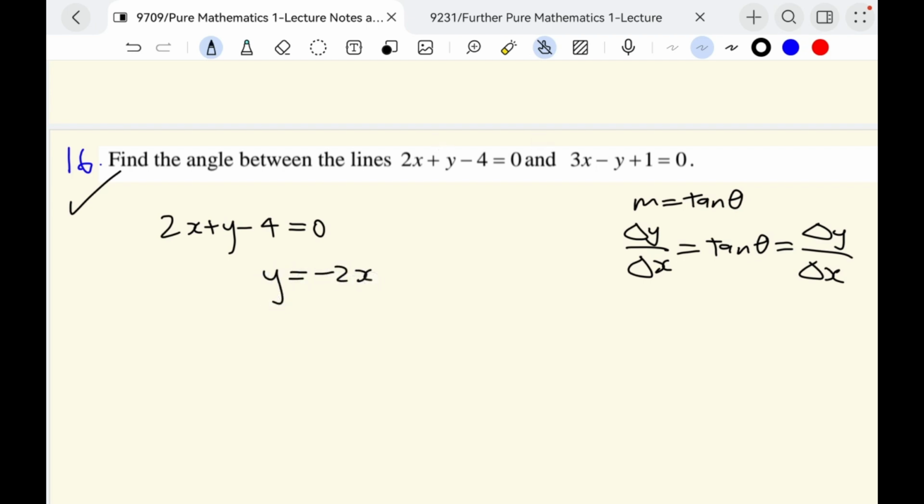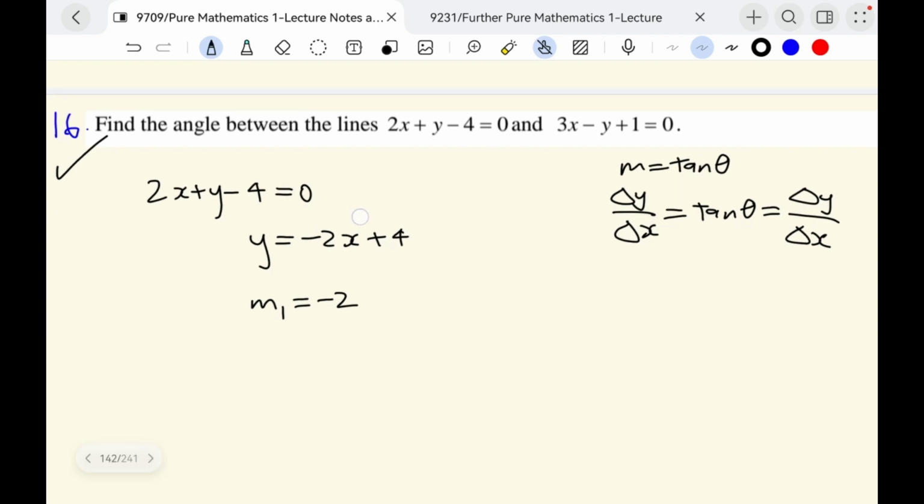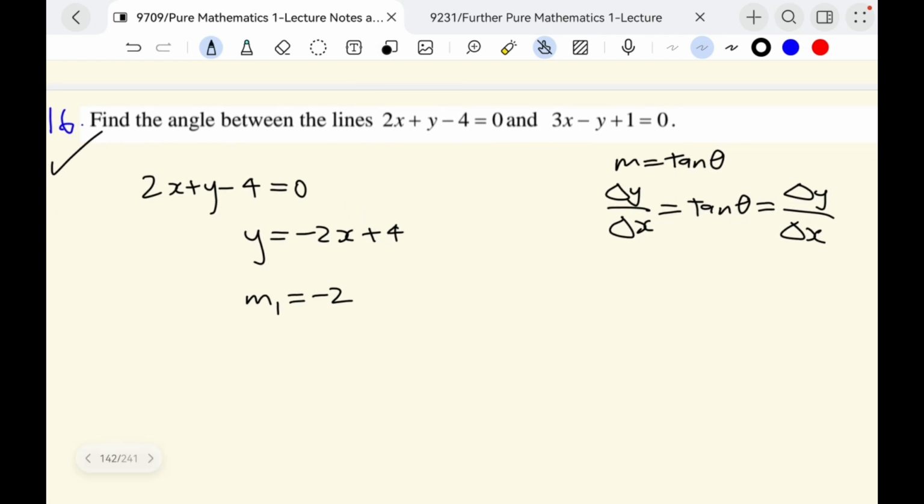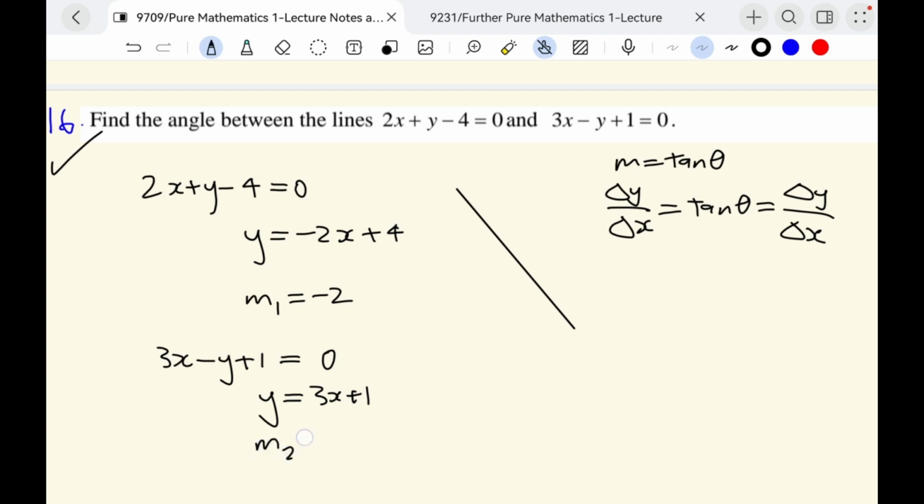Okay. So you have obtained that the first gradient is -2, which means in the Cartesian graph, its slope will look like this. Okay, with the gradient of -2, which is a negative slope. For the other line, y equals 3x plus 1, you've obtained that gradient 2 is 3.